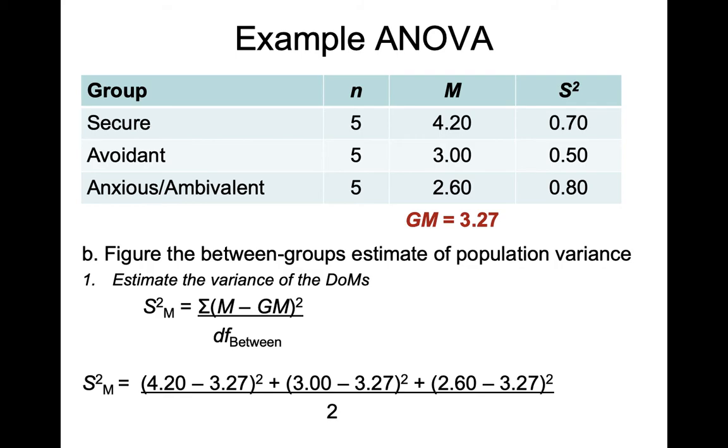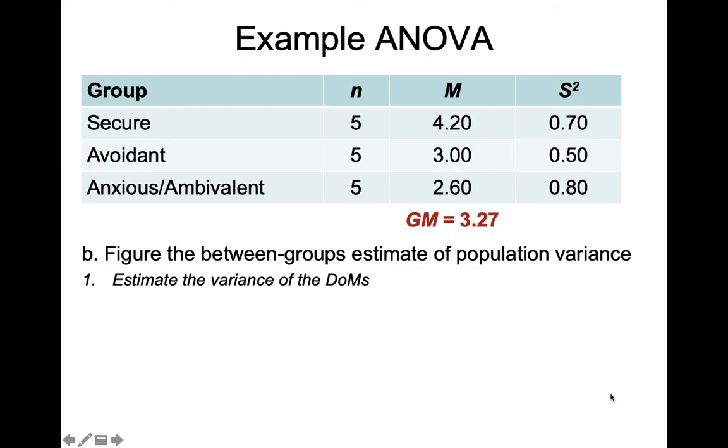Therefore, we've got a sample and not the whole thing. So whenever we have a sample and we're trying to get an estimate of something based on a sample, we divide by degrees of freedom. All right, so that's our first step. What we get is our estimate of the variance of the distribution of means is 0.69.